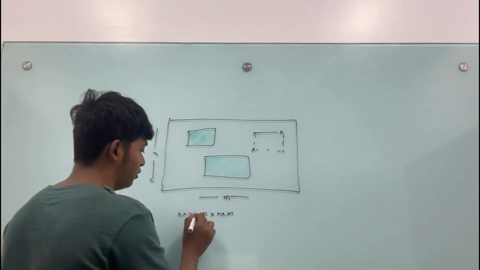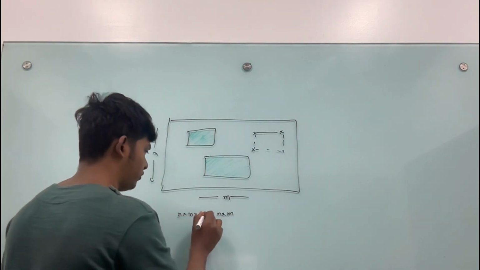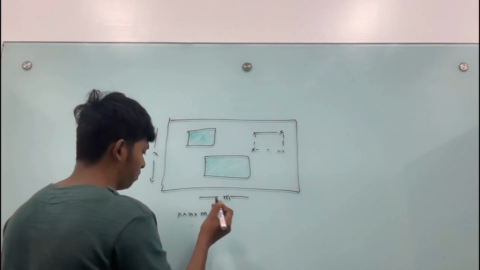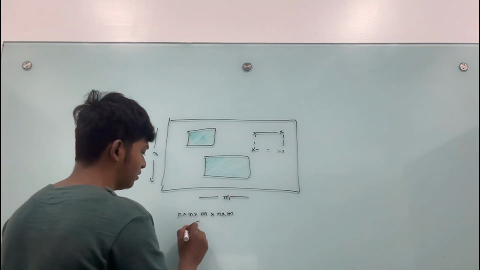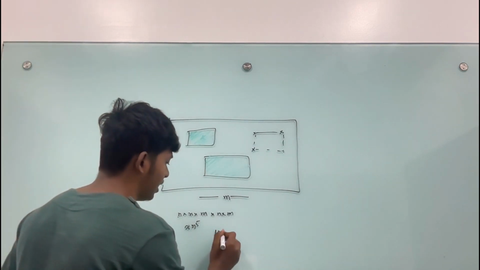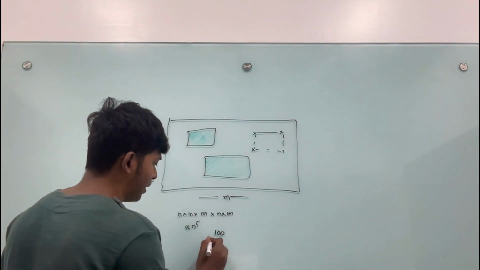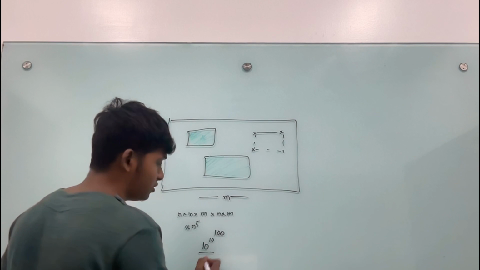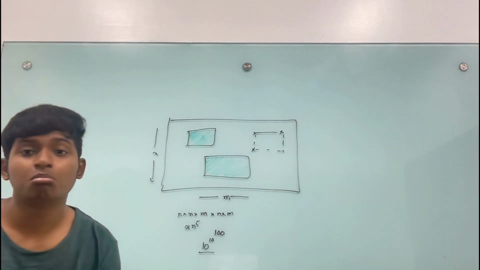So that would be 1, 2, 3, 4, 5, n to the power 5 almost. Given n was around 100, that will be 10 to the power 10, which is too slow, so we can't do that.